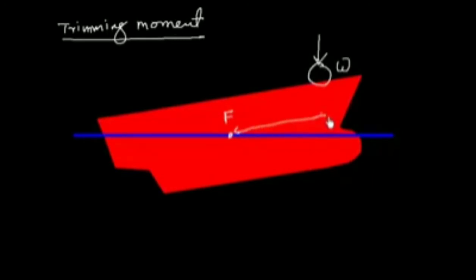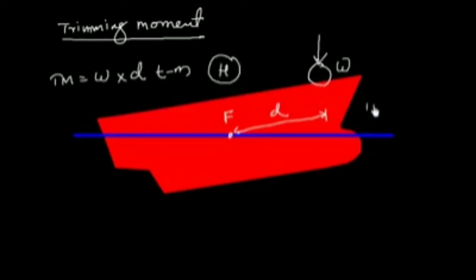Since F is the center of flotation, or the pivot point, and the distance of this weight W from the pivot point is D, then the trimming moment is going to be W into D ton meter, where W is the weight loaded and D is the distance of this weight from the center of flotation, and I will say by head. Why? Because this is my forward and this is my aft. So this trimming moment is going to be by head.